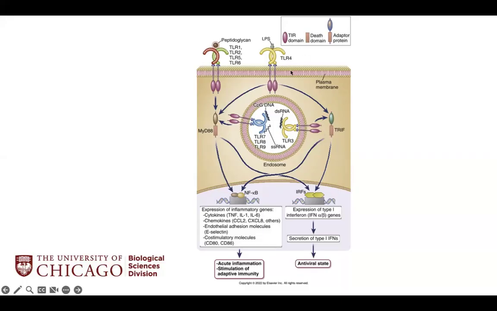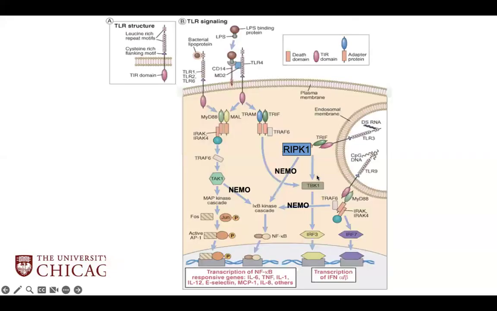That's 3. 4 has the option of signaling either way. So when you have a MyD88 deficiency, you're not 100% loss of your TLR, but you have lost most of it.